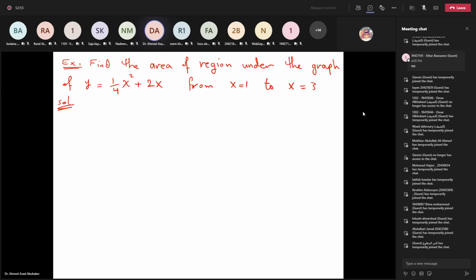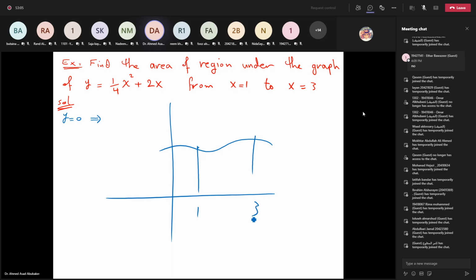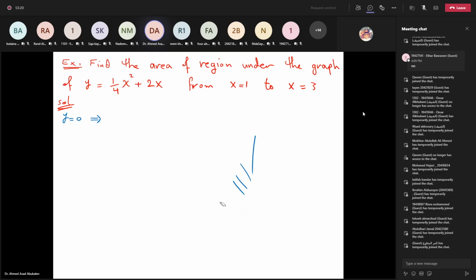So we must find the zero of the curve, because we will determine whether it is above the x-axis from 1 to 3, or has an intersection point, in which case we have two regions. To determine that, we must set the function equal to 0. So we need to find the zeros of the function.